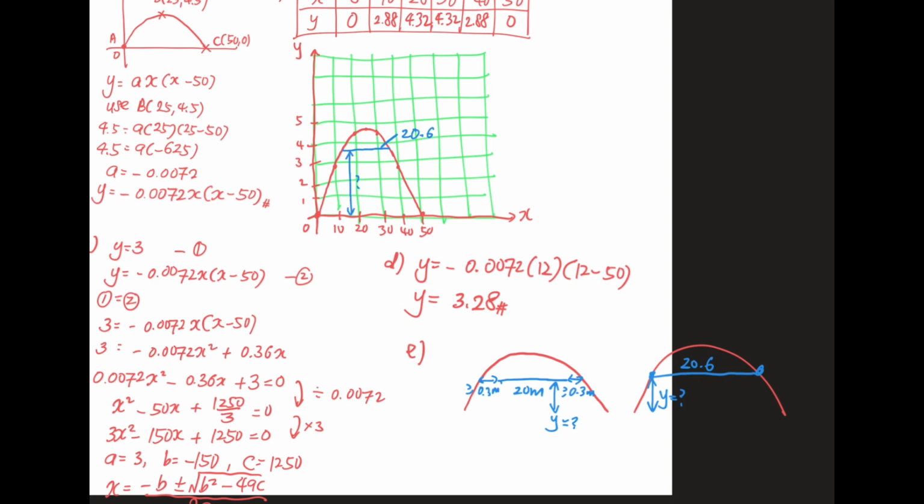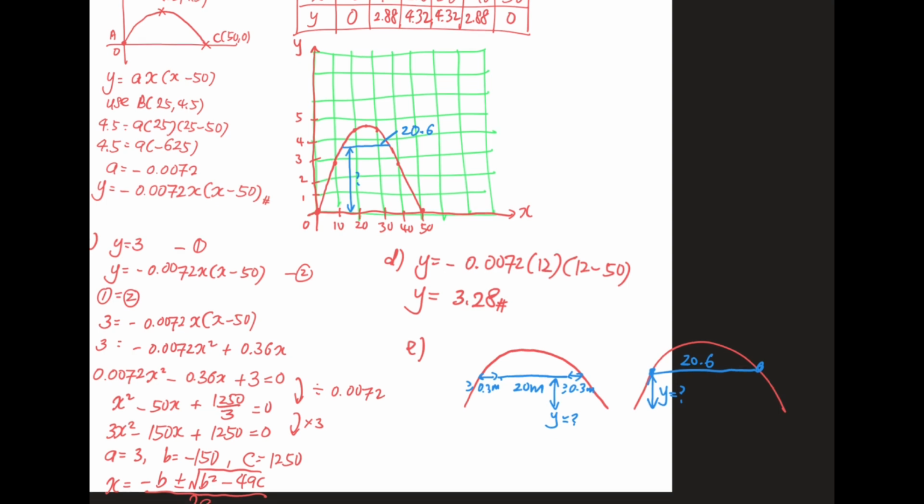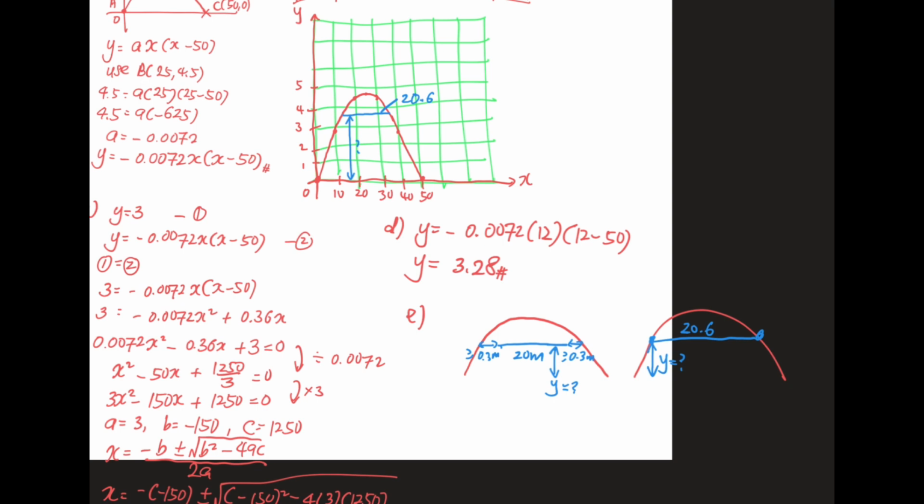Then I'm going to measure the height is 3 point something basically. As you can see, the y is around 3.5.